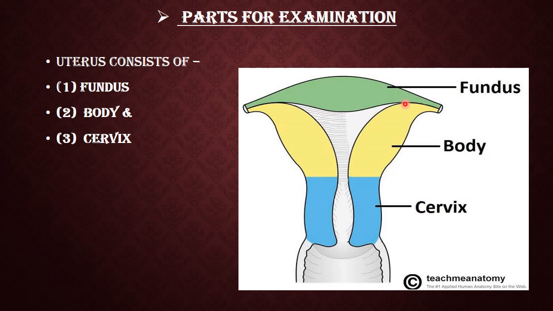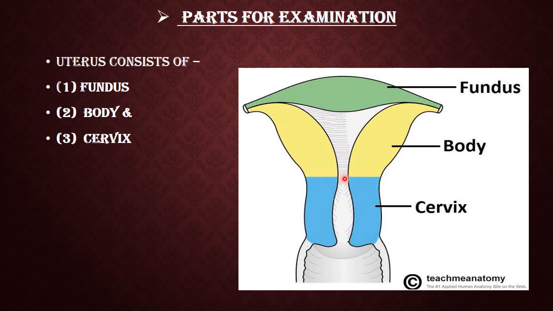The body of the uterus gradually diminishes in size from the fundus to a constriction below known as the isthmus, which corresponds internally to the internal os.